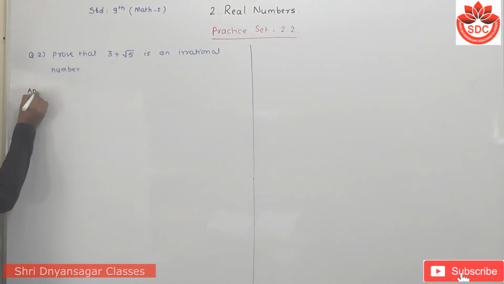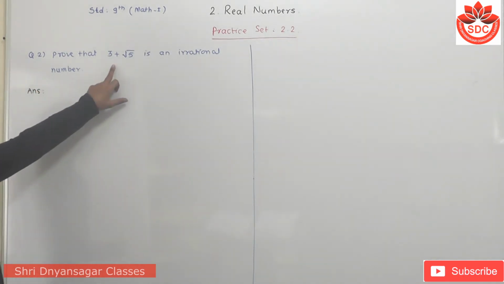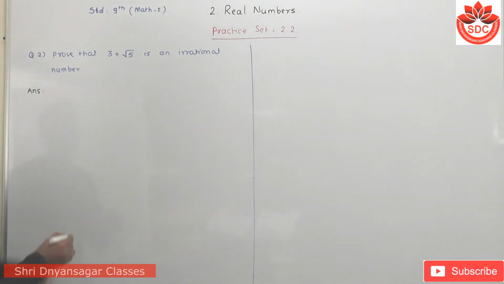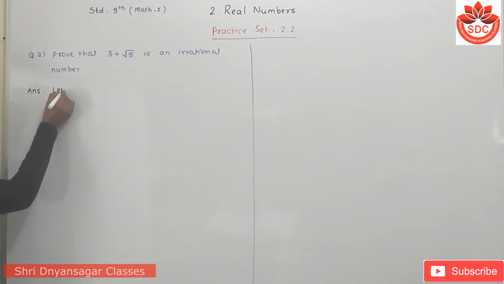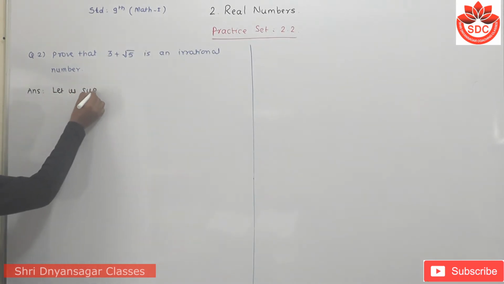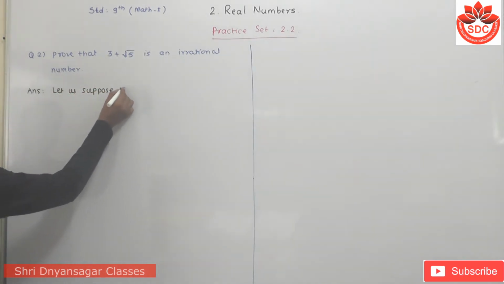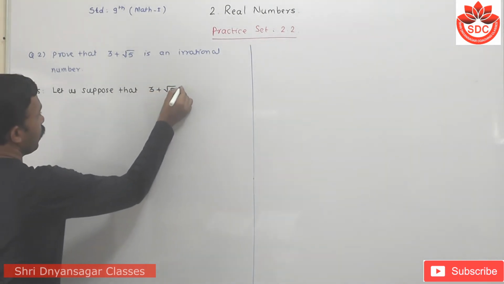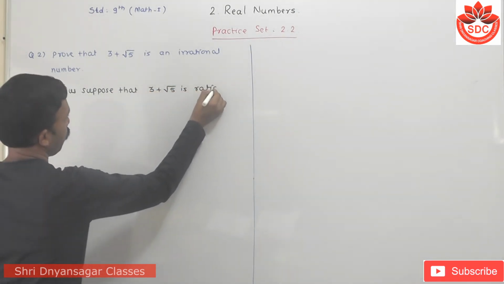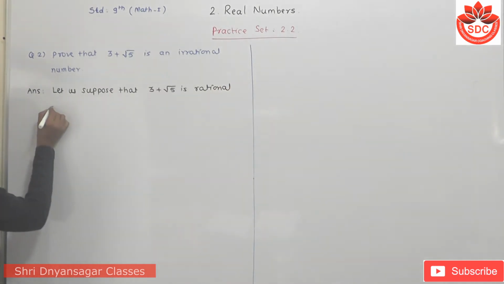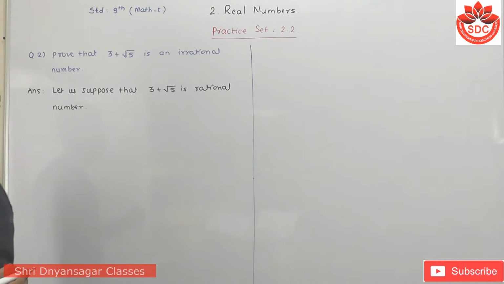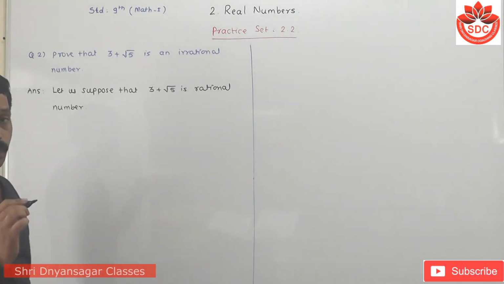The answer to this question is, in this case also we have to assume that 3 plus root 5 is a rational number. Let's suppose that 3 plus root 5 is a rational number. If it is a rational number, then we have to express it in p upon q form.